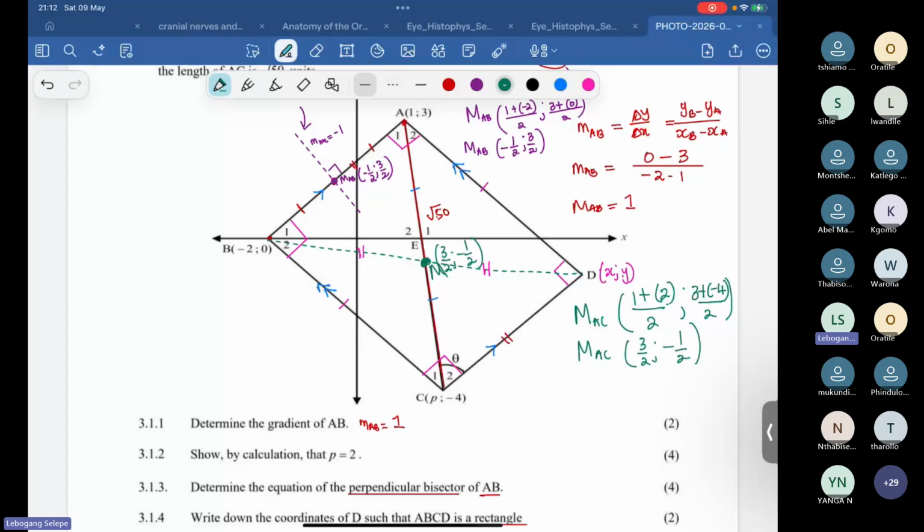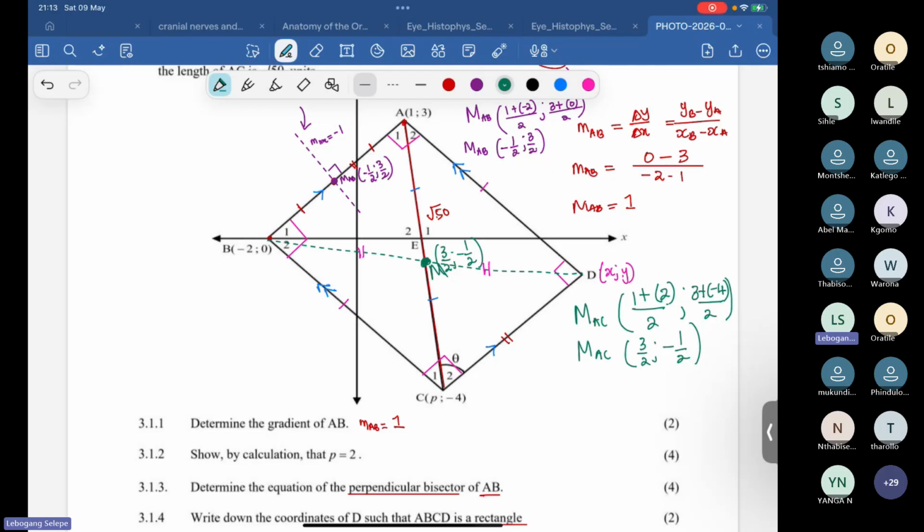That's the midpoint, right? And I said to you, these two lines, the line AC and the line that I've drawn in green, share the same midpoint, meaning that that midpoint is also the midpoint of BD. And what did I say about knowing the midpoint and having to find other coordinates?